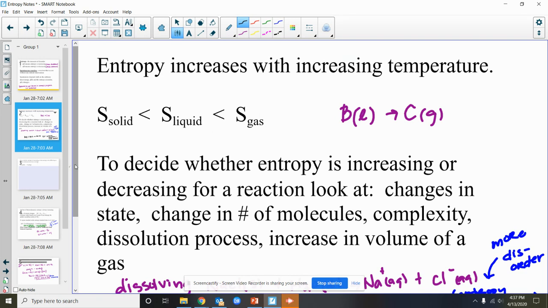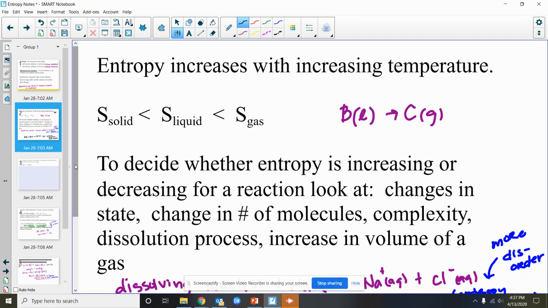Okay, liquids, a little bit more order. It flows, so those molecules are still moving, but you're going to see a little bit more order. So the entropy is going to be a little bit less. And then solids by far are going to have the lowest entropy, so the most order. Because as you go from a solid to a liquid, it gets a little bit more disordered. From a liquid to a gas, it becomes even more disordered.